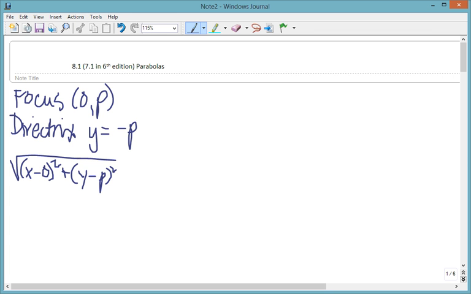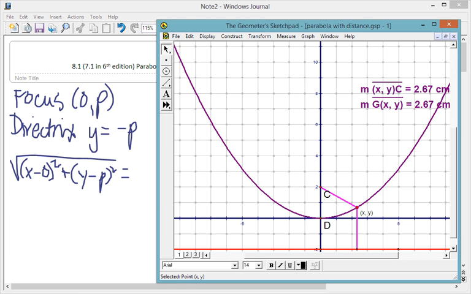And that would equal the distance. And remember that this distance is equal to the vertical distance, right? And so this little distance right here would be y. This would be y. And this distance right here is our p. So this line would be y plus p.